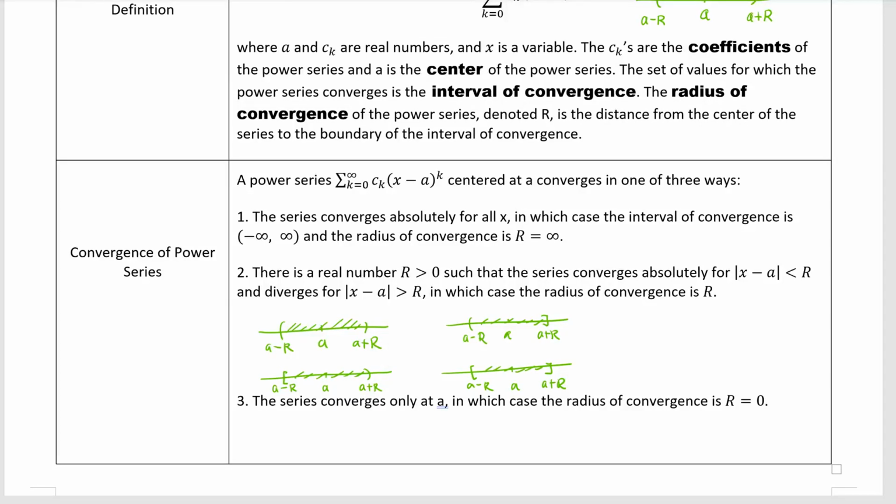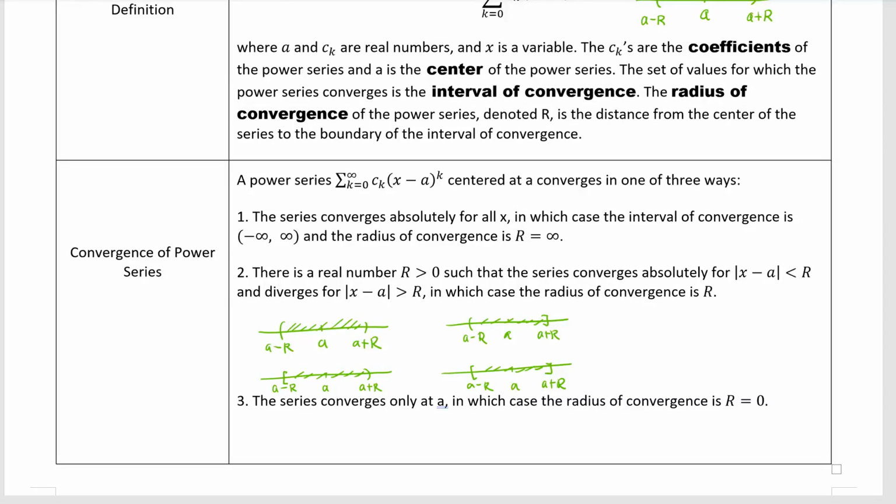So actually you can have these four subcases. We know the series converges when x lies in the interval, and it diverges when x lies outside of the interval. Okay, so this is the second case.